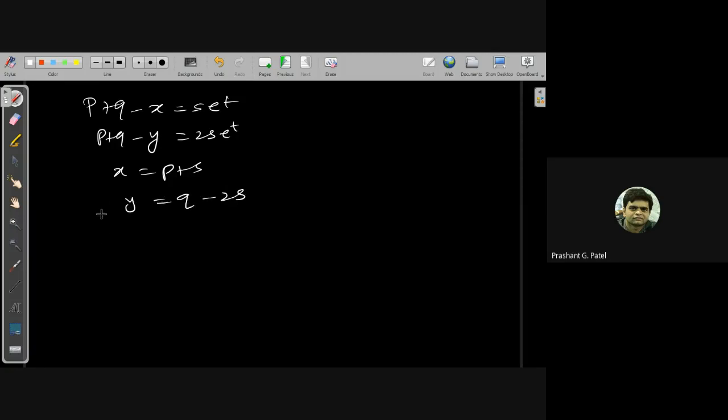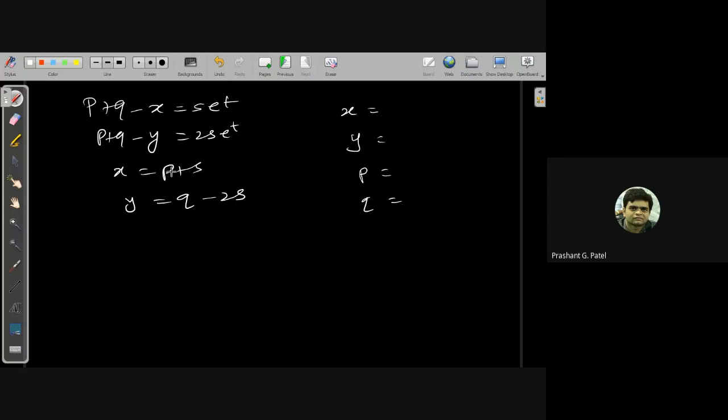So these things we got. Our objective is to obtain the values of x, y, p and q in terms of s and t from these four equations.